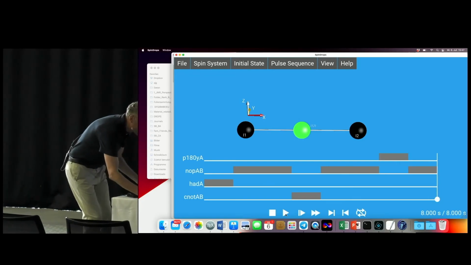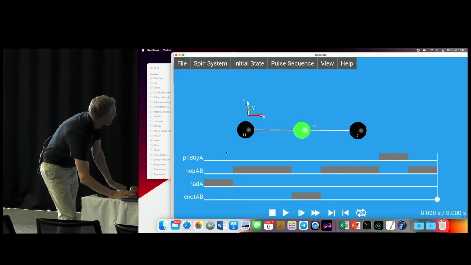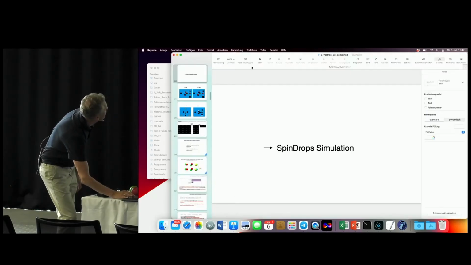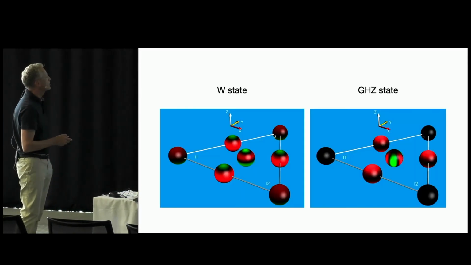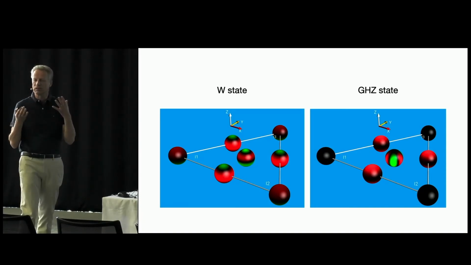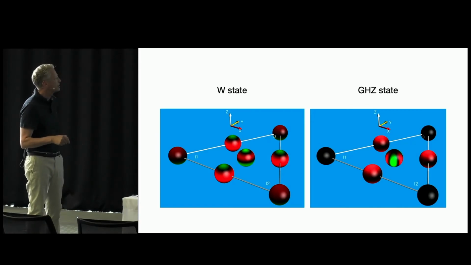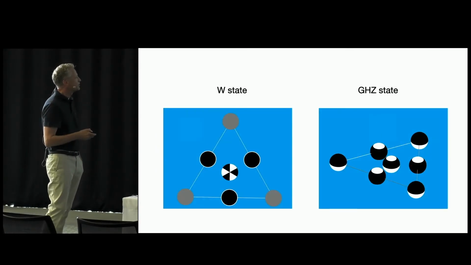Okay, so let me just wrap up with final slides. You've seen the SpinDrop simulations. Here's an example that we can also distinguish the kind of entanglement. For example, W state and GHZ state look very different once you've seen them.